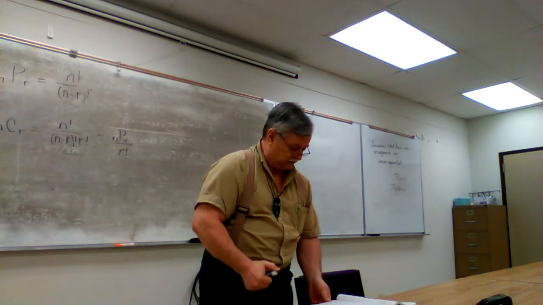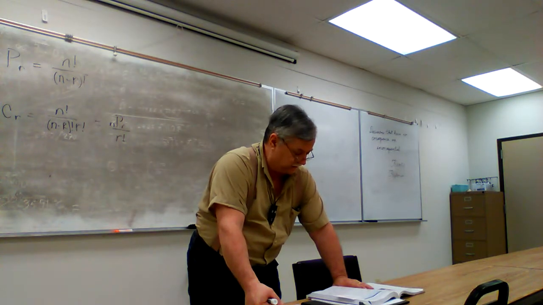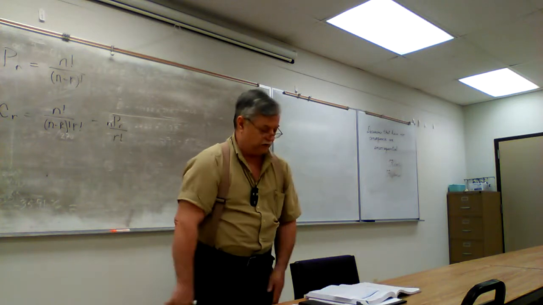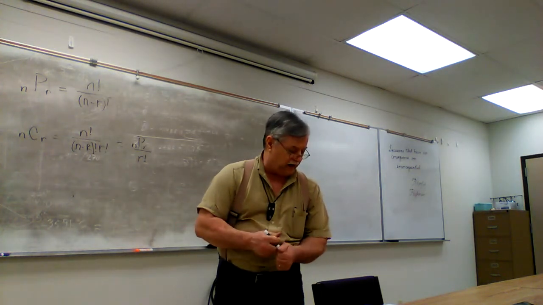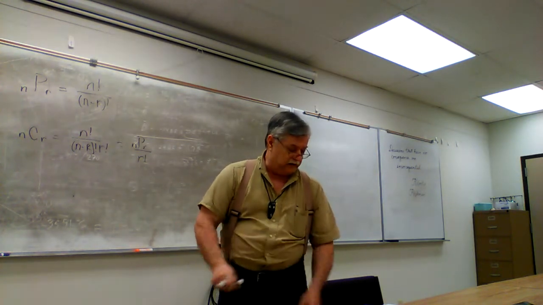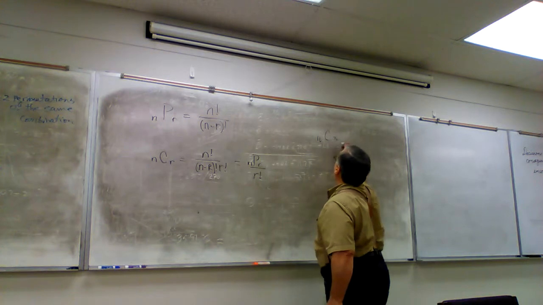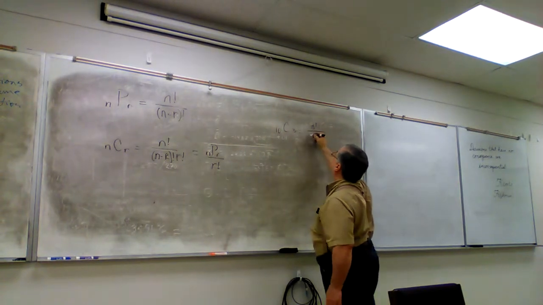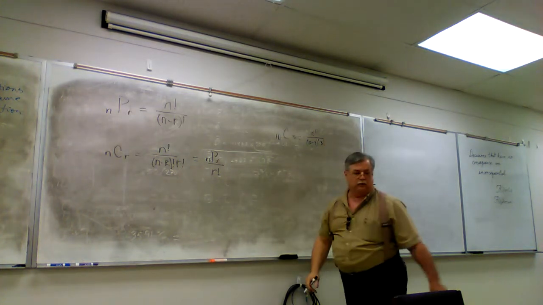The example they give in the book is an advertising executive must select 3 different photographs for an advertising flyer. If he has 10 different photographs that can be used, how many ways can he select 3 of them? In other words, how many combinations of 3 can he select out of 10 different photographs? And the answer is 10C3, which is 10 factorial divided by (10 minus 3) factorial times 3 factorial.